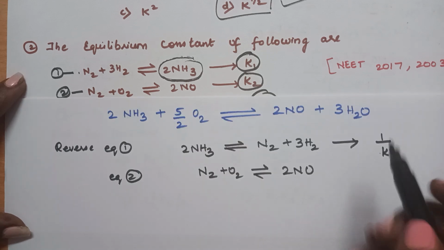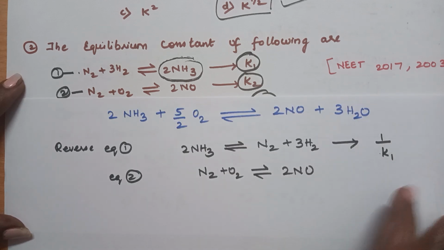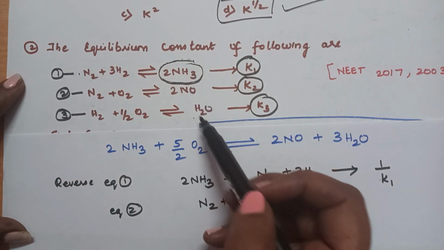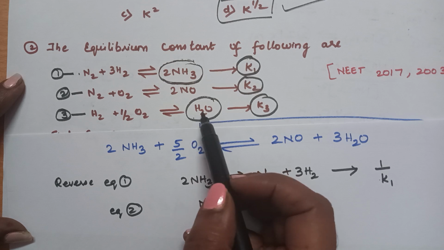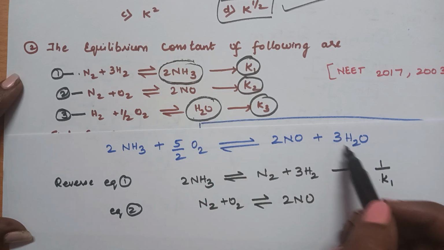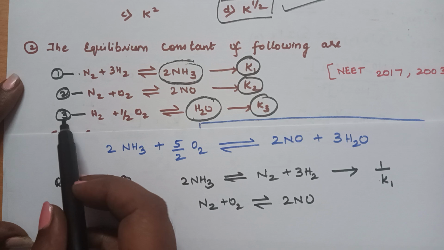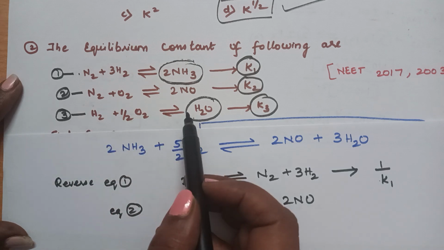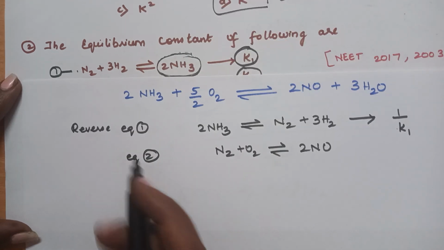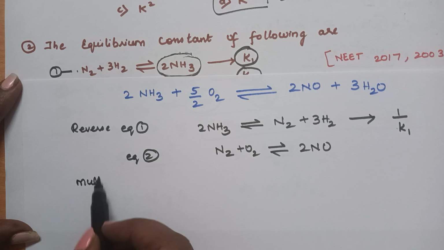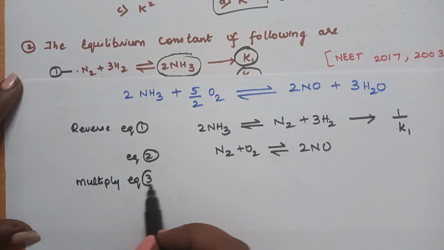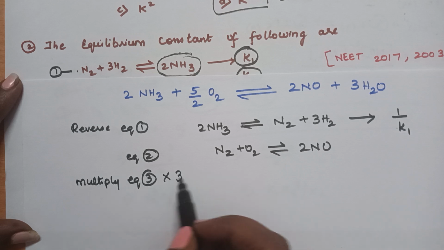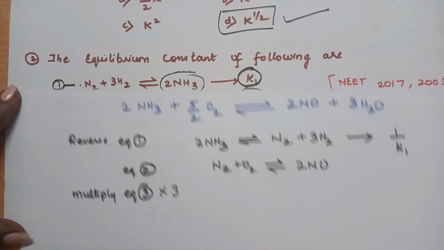So next what we require is 3 times water. See, in the third equation, water is present, but it is only 1 time. How many times do we require? We want 3 times water. Therefore multiply equation 3 by 3. So you are multiplying by number 3.